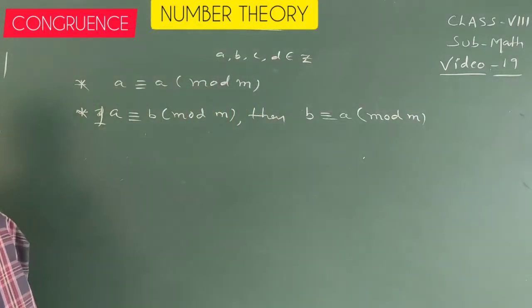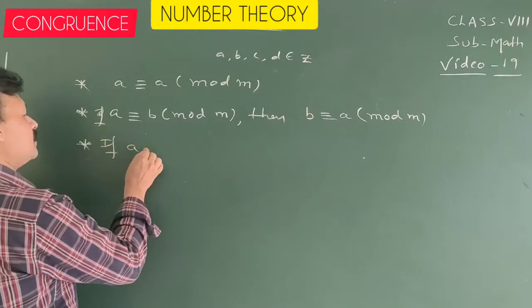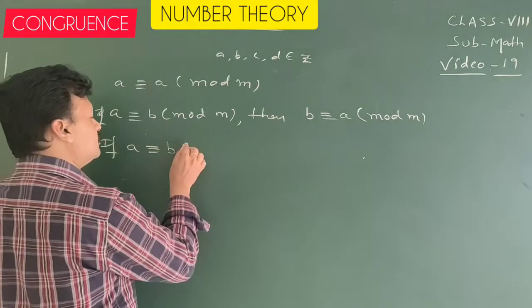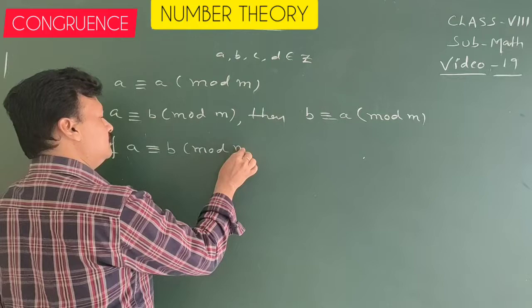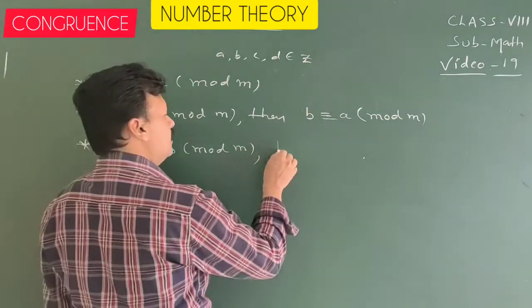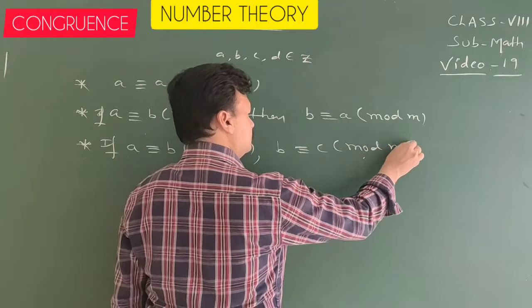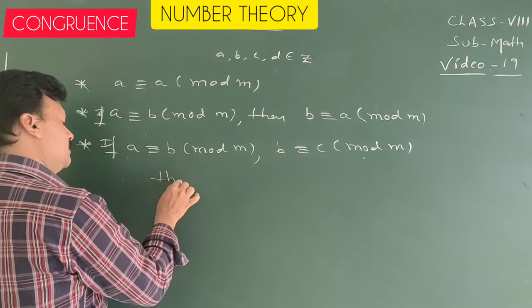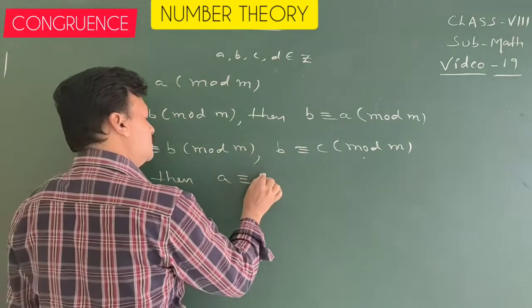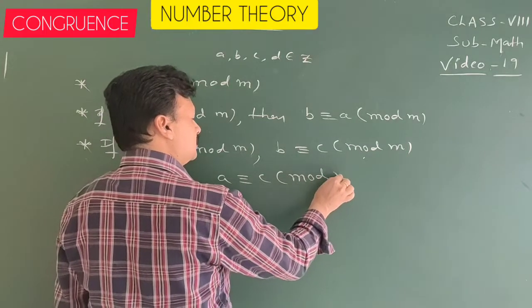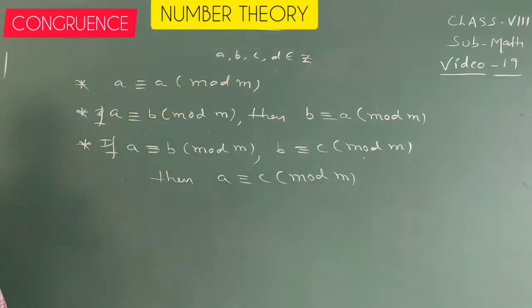Already I have proofs for this. Next, if a is congruent to b mod m, and b is congruent to c mod m, then a is congruent to c mod m. Transitive.